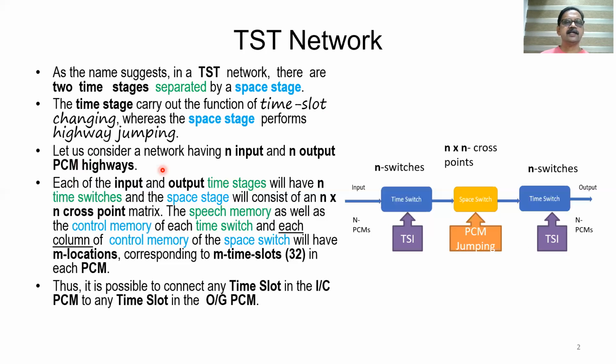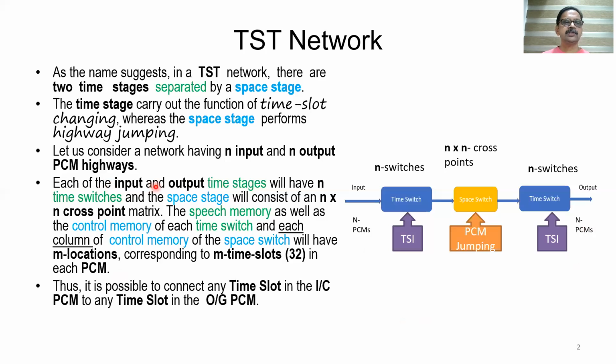Let us consider a network having n input and n output PCM highways. So we are considering this network with n input PCMs and n output PCMs.